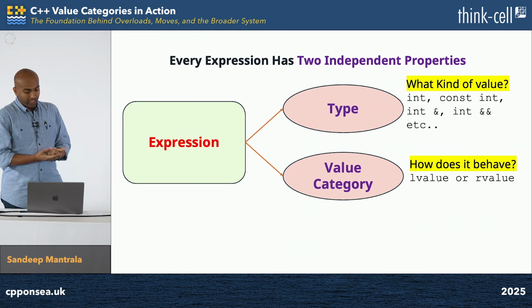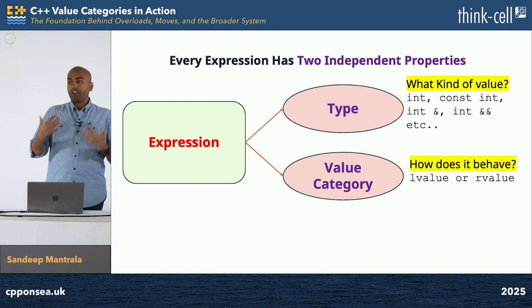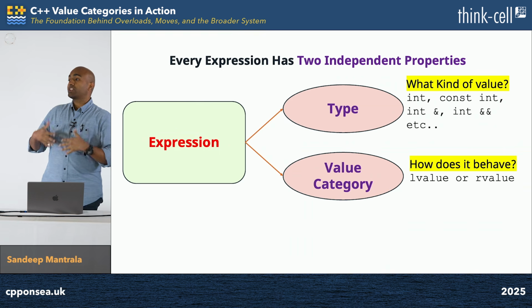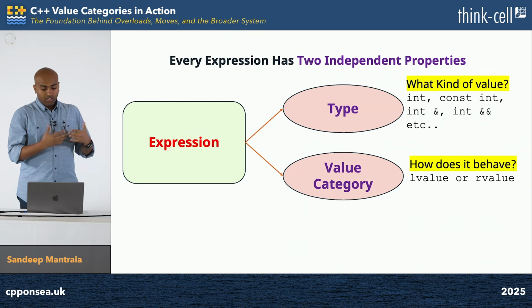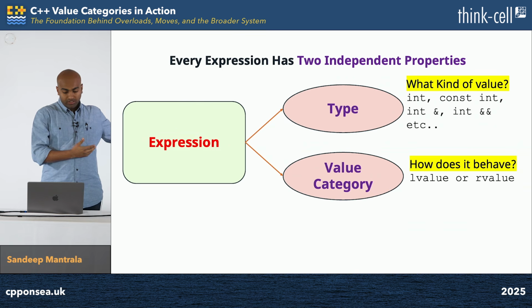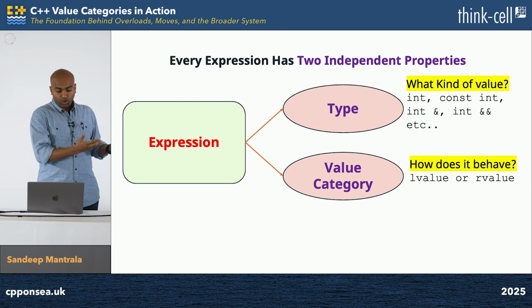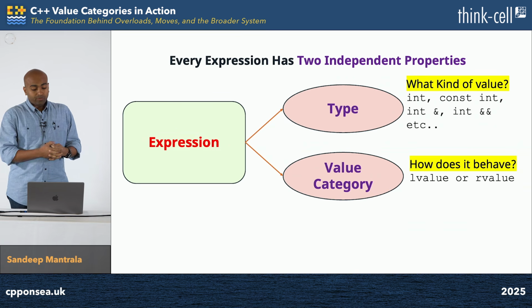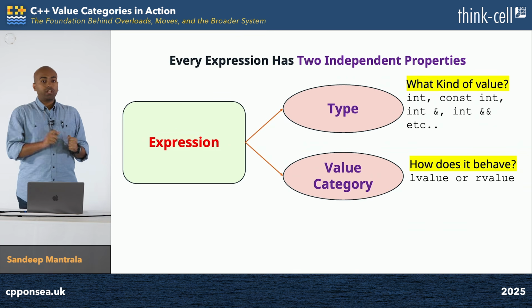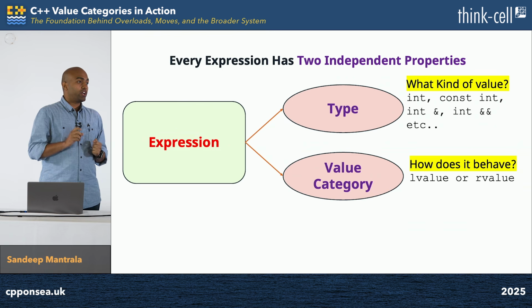I think we all know what a type is. It tells you what kind of value it is, whether int, const int, int reference, etc. So the type, obviously, is very clear as to what it means. Apart from that, there is one more property for each of these expressions, which is called value category. Value category is a direct property of an expression.